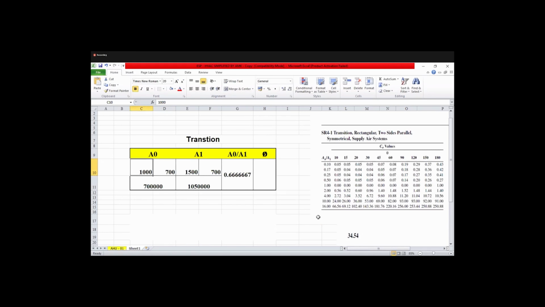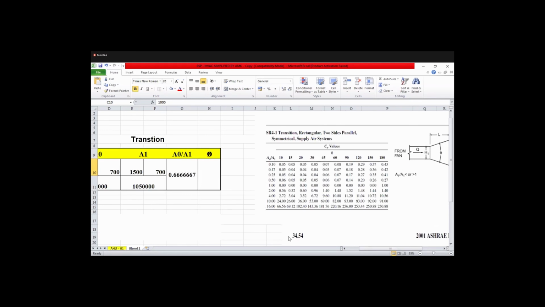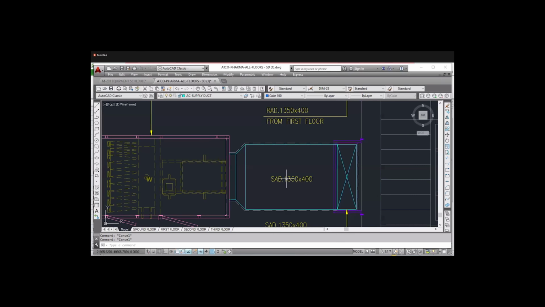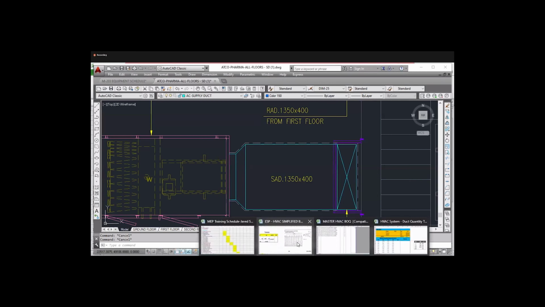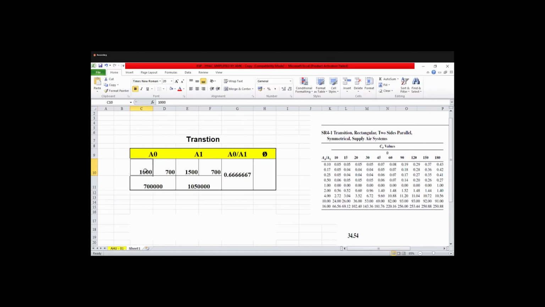So what is our A0? A0 is the big size, the big side. So what is our big side here? 1350 by 400. Okay, this side. So we have to mention here 1350 by 400. And what is A1? A1 is the small size.